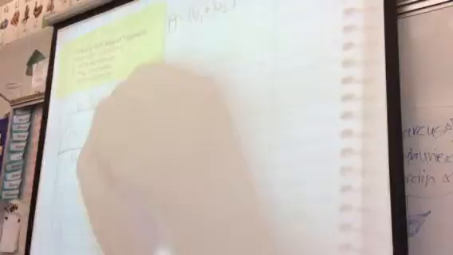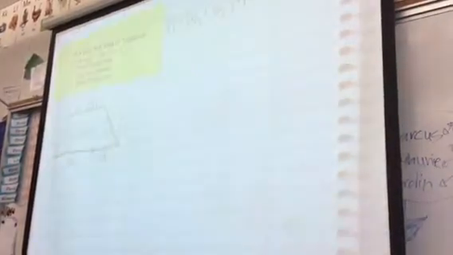My base 1 is going to be at the top, base 2 is going to be at the bottom, and I'm going to have my height in the middle. I'm going to go ahead and put in my measurements. So my base 1 is 5 centimeters, my base 2 is 9 centimeters, and my height is 3 centimeters, okay?